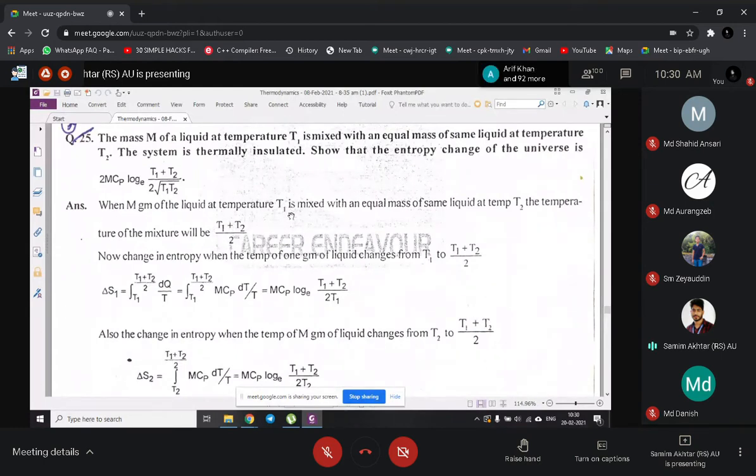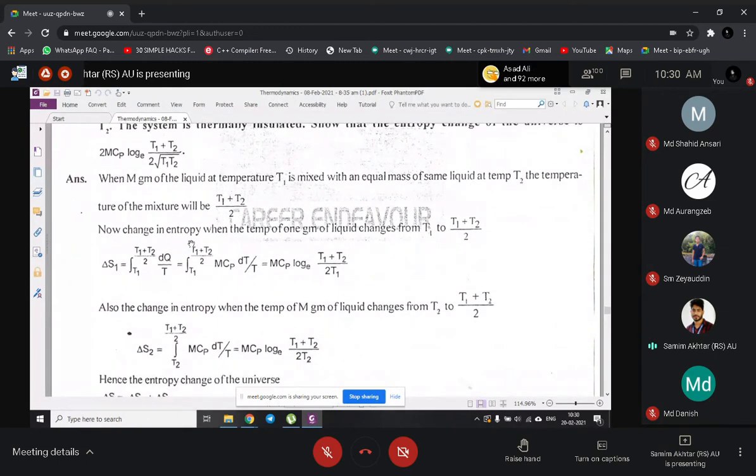You have to mix two temperatures, T1 and T2, and the final temperature is given by (T1 plus T2) by 2. So the temperature changes in two ways: one way T1 to (T1 plus T2) by 2, and the other way T2 to (T1 plus T2) by 2, right?